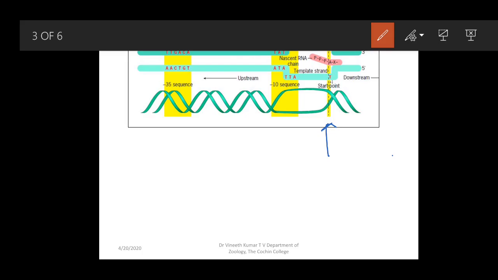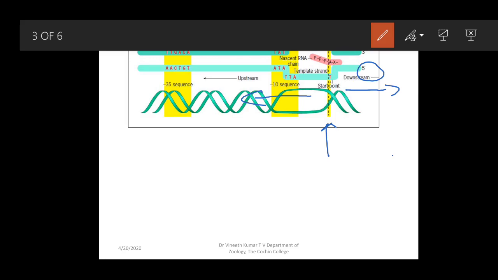The particular DNA sequence of the template strand which is seen after the start point, to state it clearly, the DNA strand seen towards the 5' end of the start site is referred to as the downstream sequence, and the DNA sequence seen towards the 3' end of the start site is referred to as the upstream sequence.